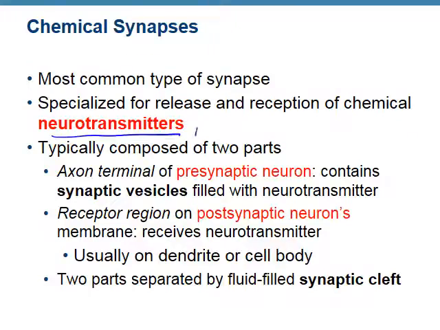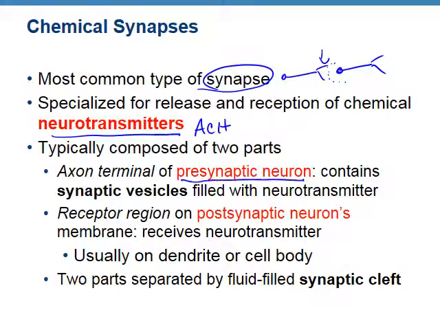Now some of this is a repeat. We talk about neurotransmitters. The one we've seen before is acetylcholine, right? We know a synapse is when 2 neurons come together. And we know that at the axon terminal, you're going to release neurotransmitters. We've seen this with muscles. Well, the presynaptic neuron contains synaptic vesicles filled with a neurotransmitter. But you see that we're not just saying acetylcholine.